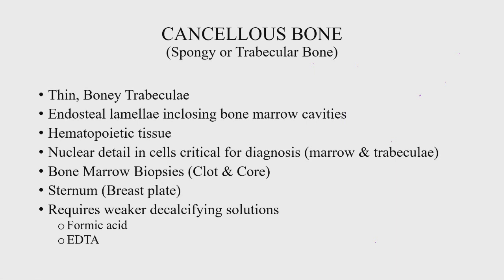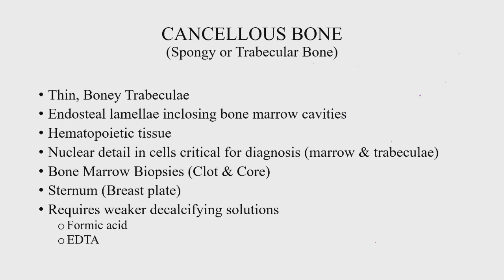Now this is the key thing. When we talk about bone marrow, you have your clot, which is basically just blood, and then you have your core. And I was in the lab once where, because of the LIS, the lab information system, it did not distinguish between clot and core. So we had the processors set for bone marrows to do short run cycles, and our decalcification process was set for that.